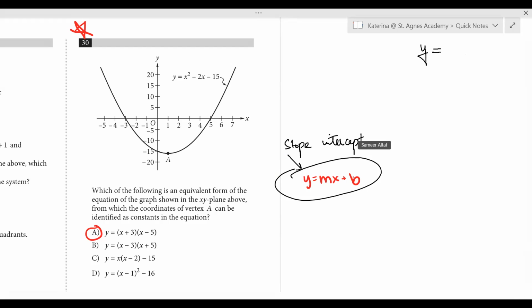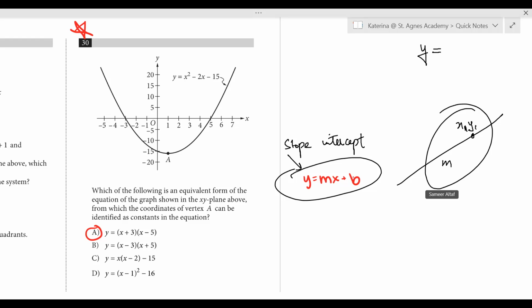But what about if you're given the point x1, y1, and you are given the slope m, how can you write the equation with x1, y1, and m? It's y minus y1 equals m times x2 minus x1.